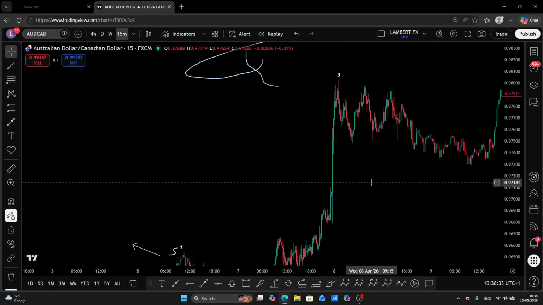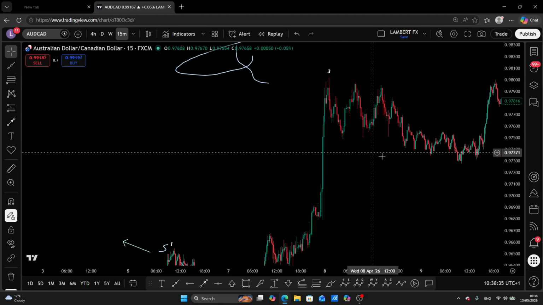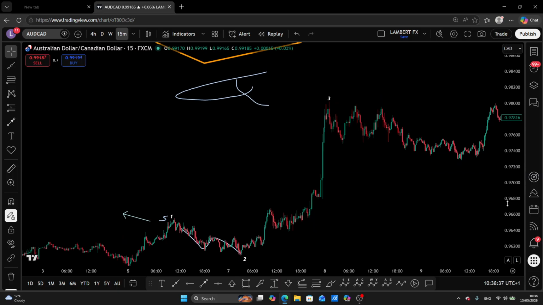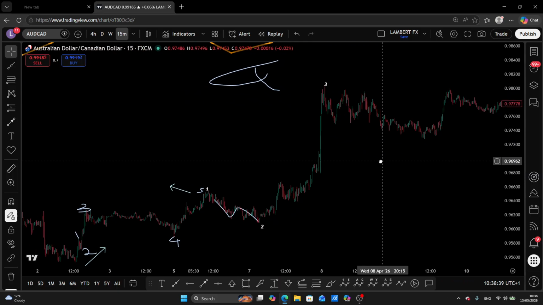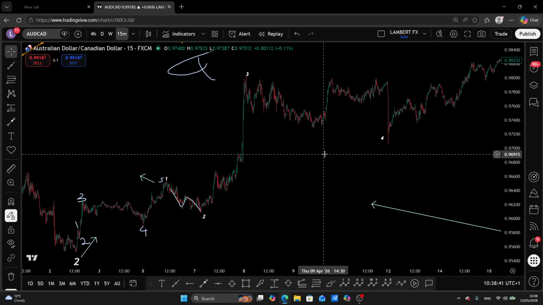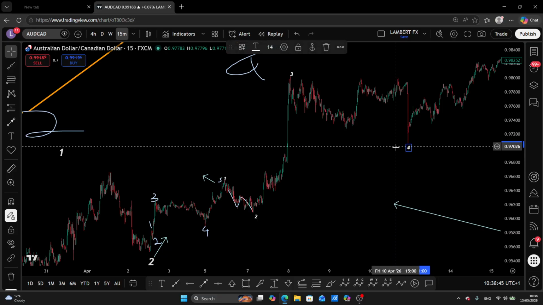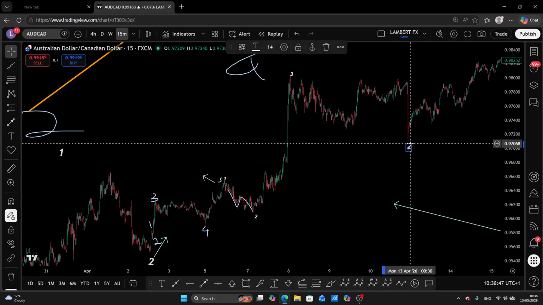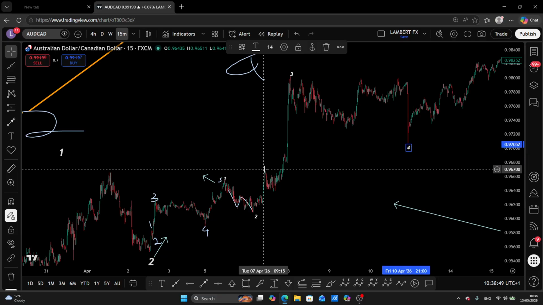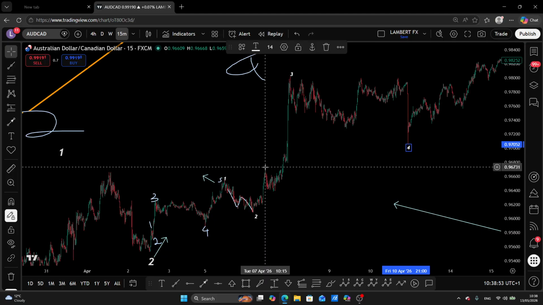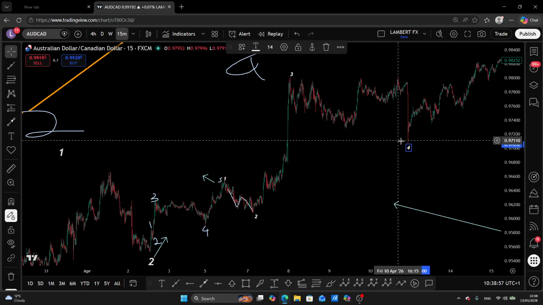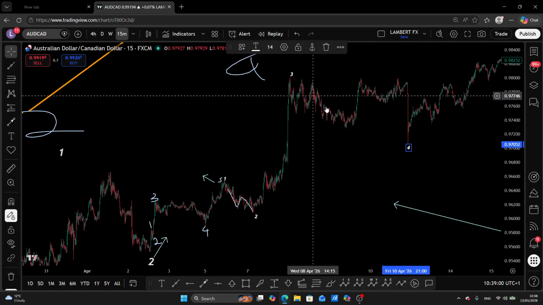After the 3, you had your correction for 4. Again, where the 4 ended, it did not go anywhere near our 1, which is here. That is our 4, and that was our 3.